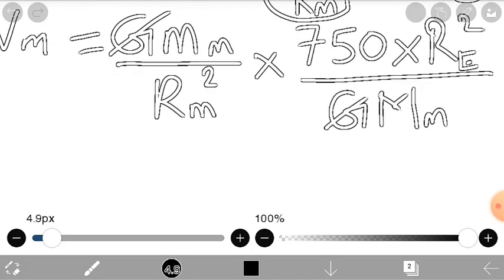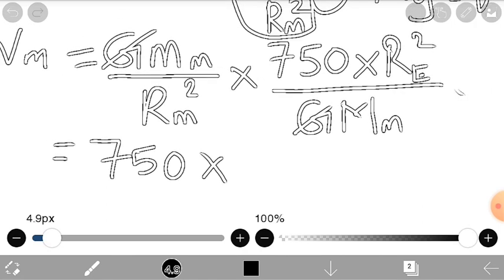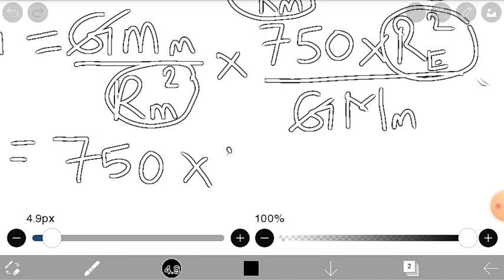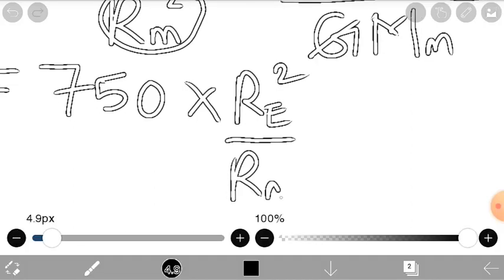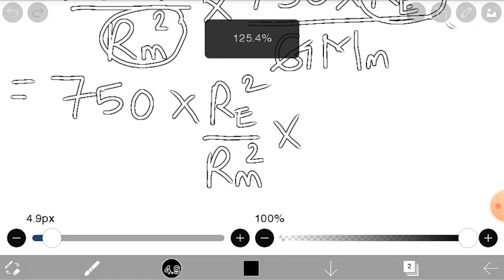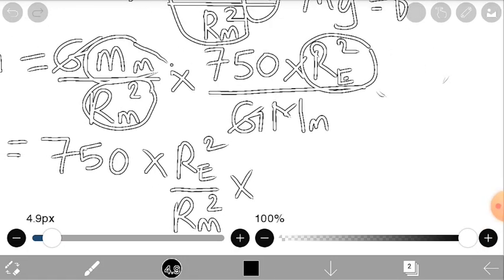As this, we can write it as 750 into this re square and rm square as a fraction. Therefore re square upon rm square into again this mm, this mm and this mm we will write here.